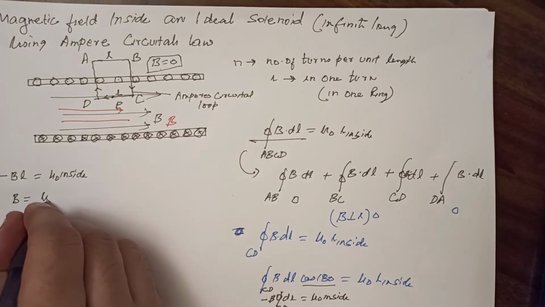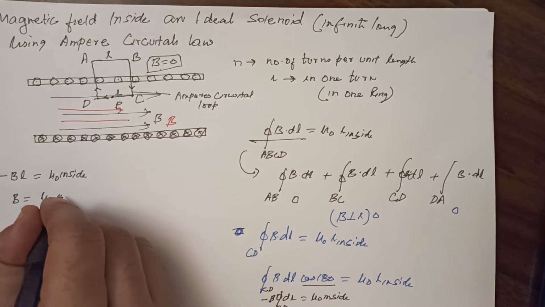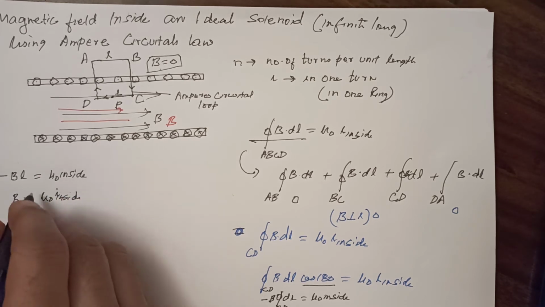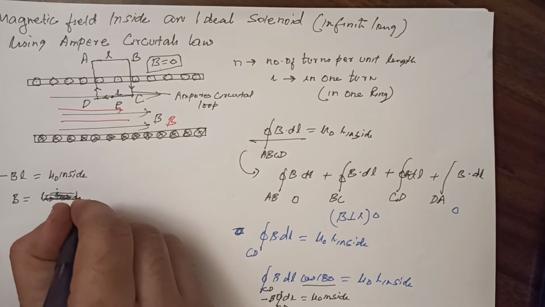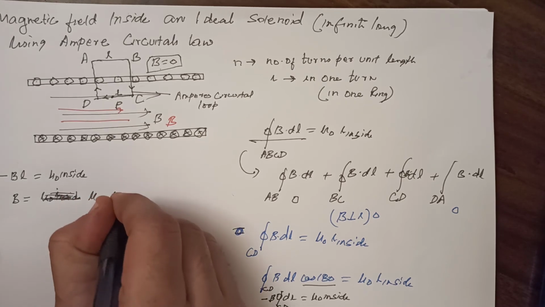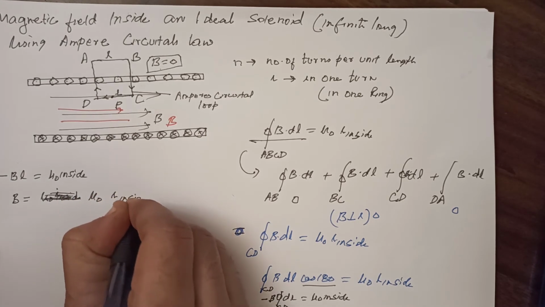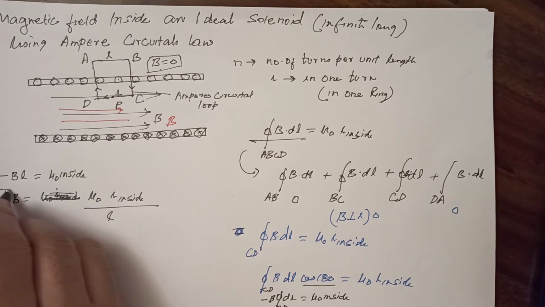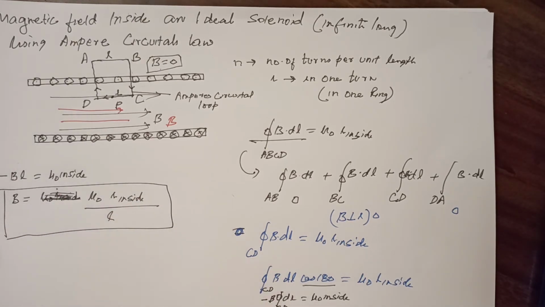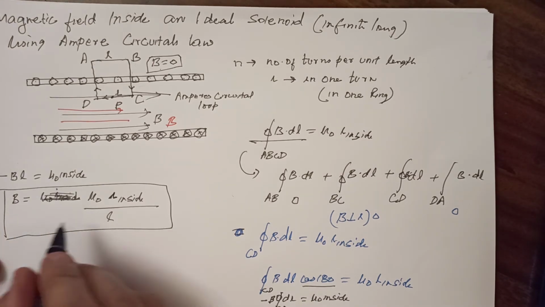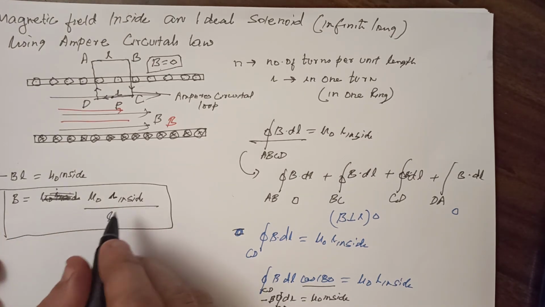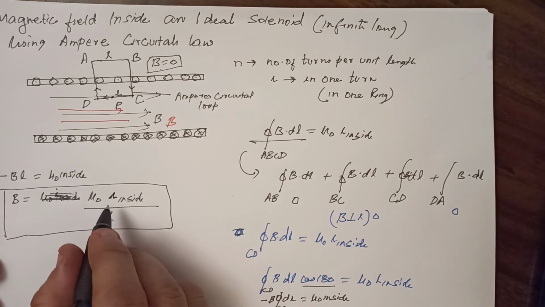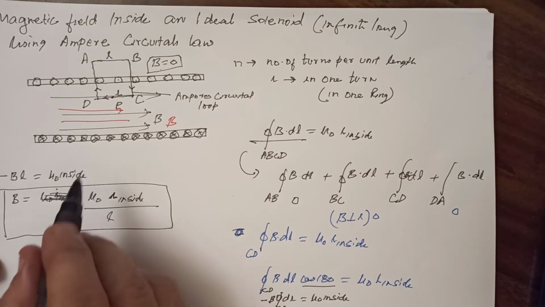So B is mu naught I inside divided by L. But remember, we still don't know what I inside is.